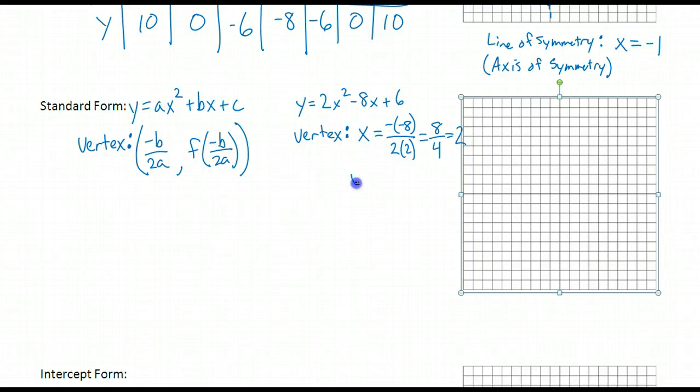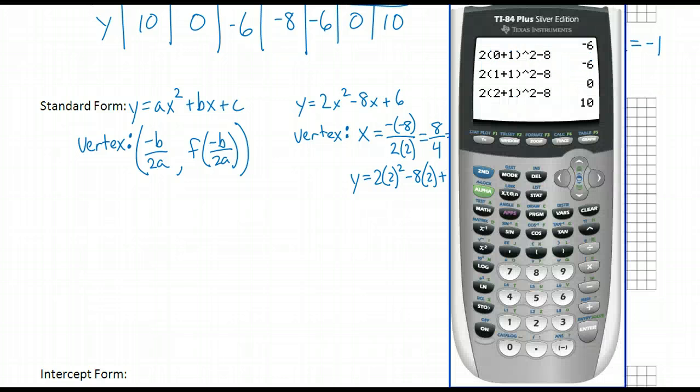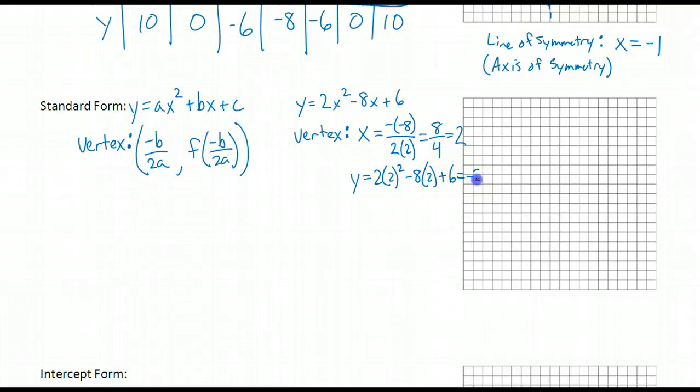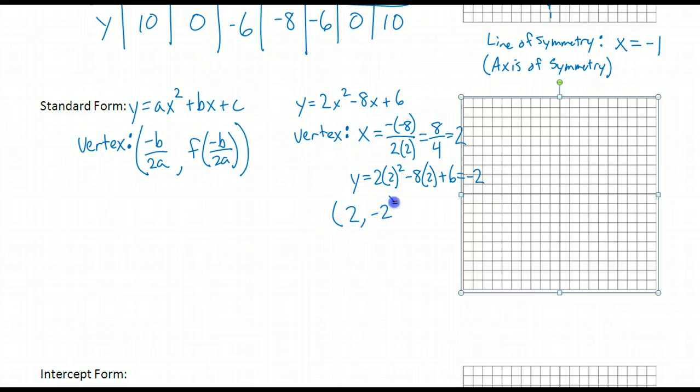So I'm going to take this 2 and plug it in for x. So y is going to equal negative 2. So our vertex is going to be at 2, negative 2.